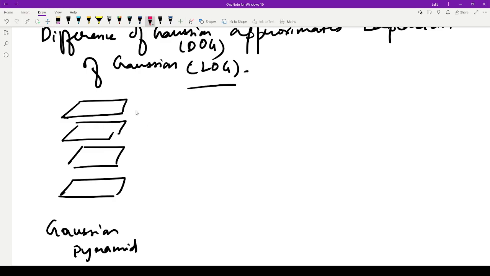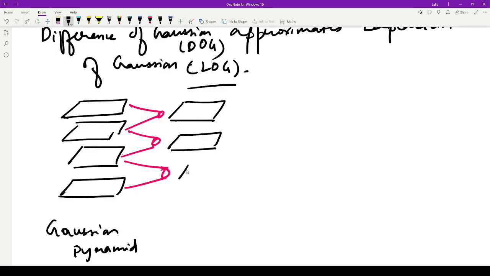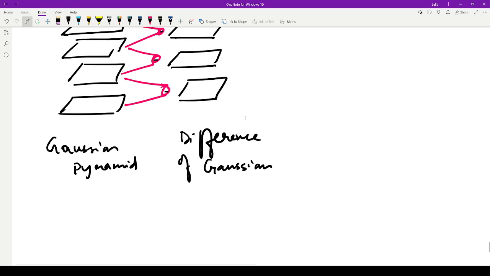So once we take differences, how will it look? You will have a pyramid of difference of Gaussian. Difference, so if you put a minus sign, this is the difference of Gaussian pyramid.